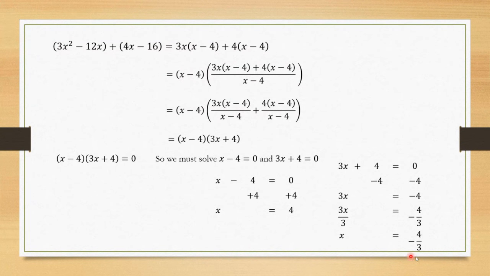That is what we get here. So our two answers are 4 and negative 4 thirds. And also you can see I forgot to check, even though technically you should check. If you don't check, like on a quiz or exam, that's fine. You can always check on your own, in your scrap paper or whatever.